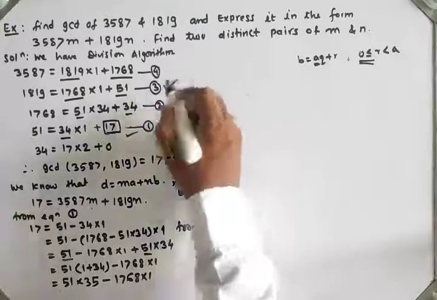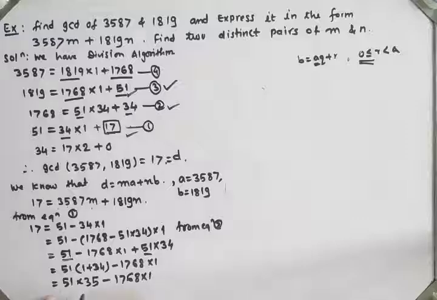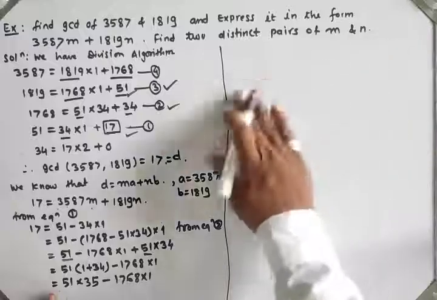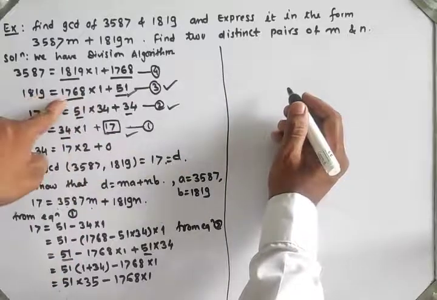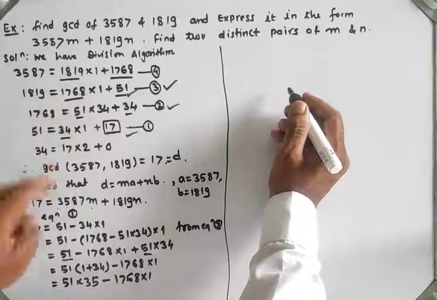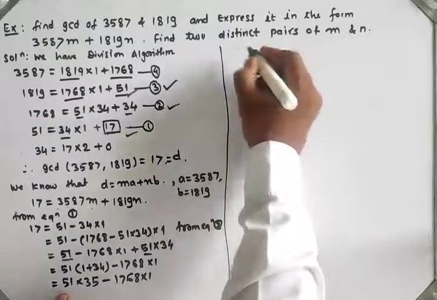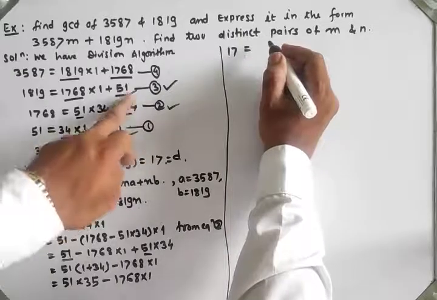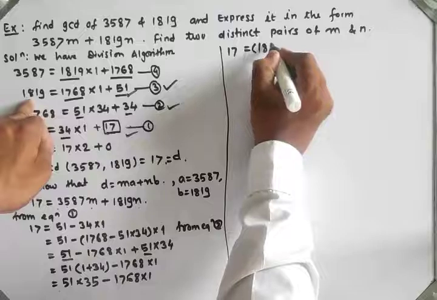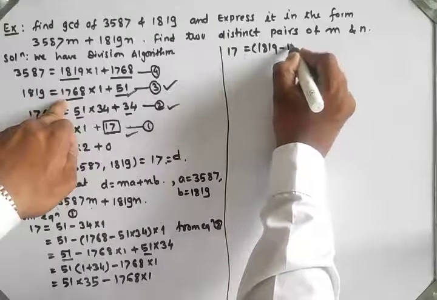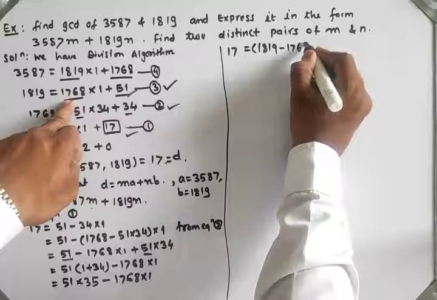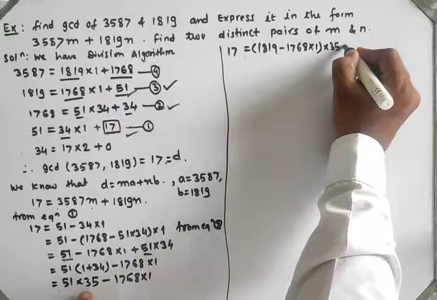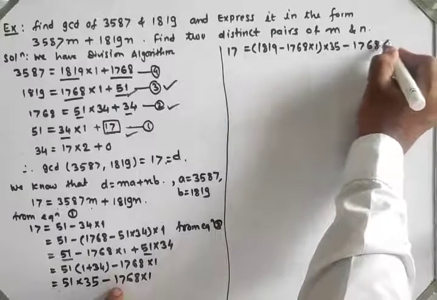Again we will use this equation for the value of 51. So what is the value of 51? 51 is 1819 minus 1768 into 1. So using this equation, the left hand side is 17. So the value of 51 is 1819 minus 1768 into 1, and multiply by 35, minus 1768 into 1.